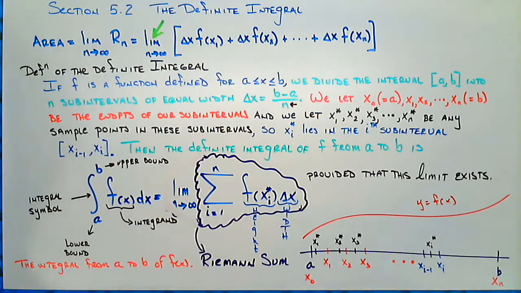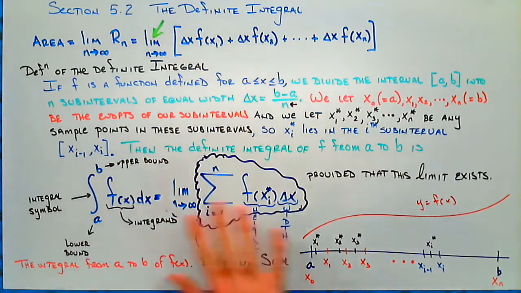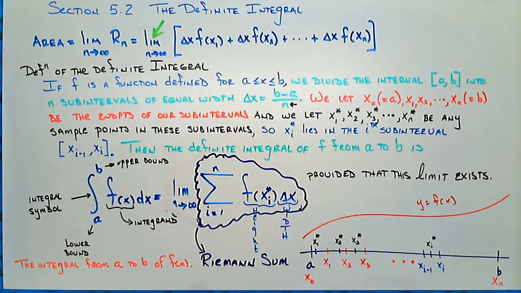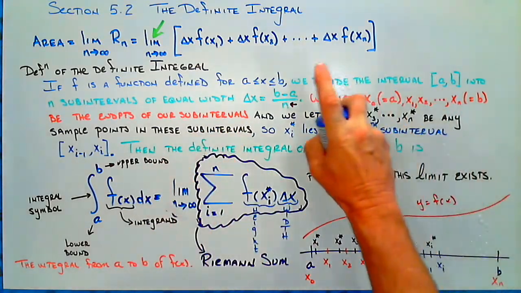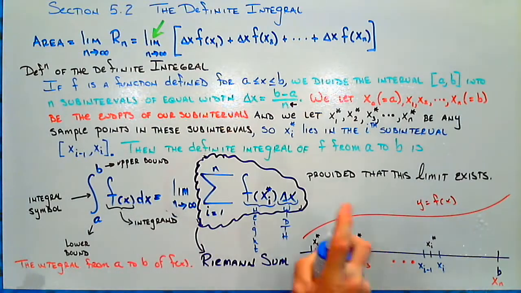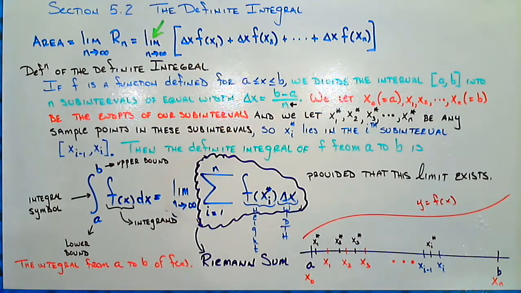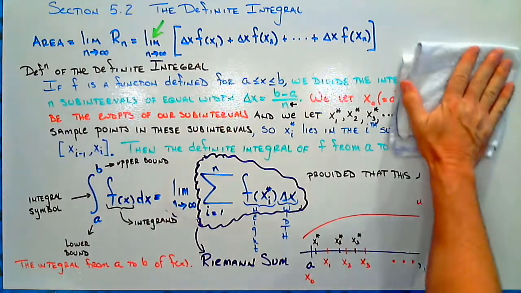So where are we going to go with this, and how is this going to make our lives better? Well, it is certainly going to make our lives better. One of the things that's not going to make my life better is I have to erase all of this wonderful work. So to make room, I'm going to go ahead and erase this. I'll refer back to it. It's in your textbook, and we'll make comments about it as we move through the rest of this section.